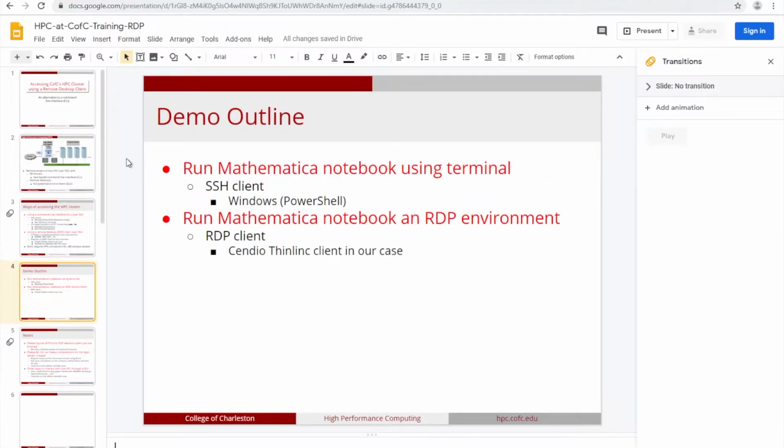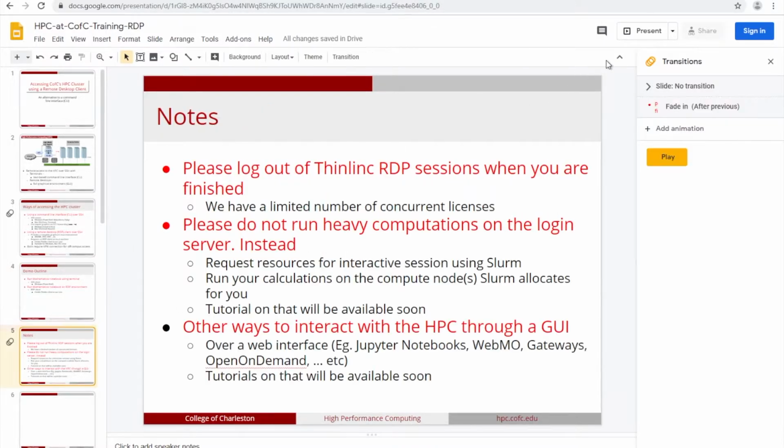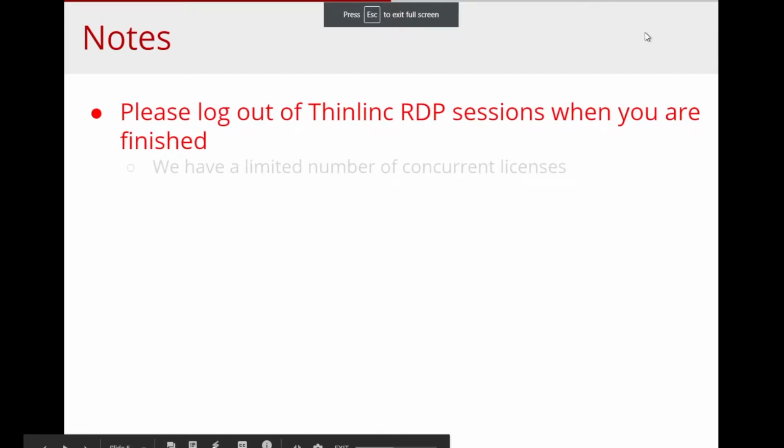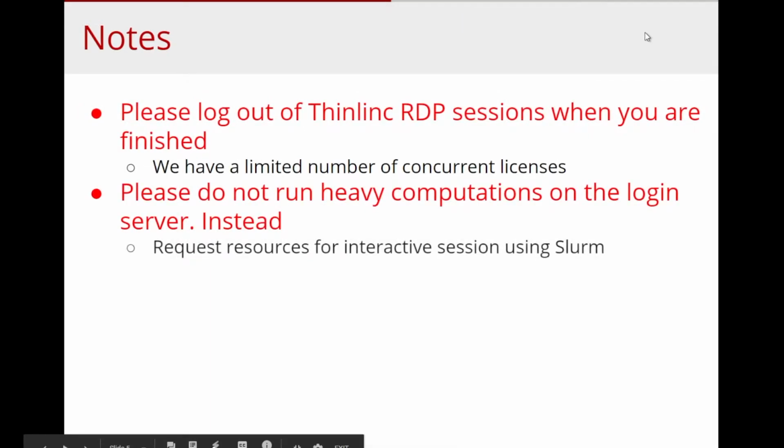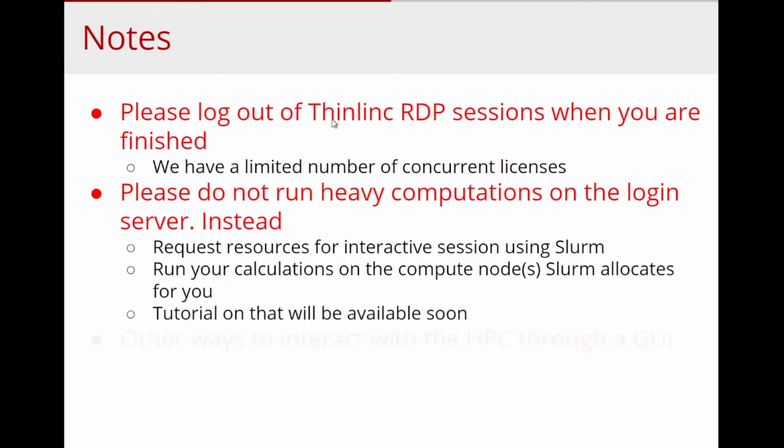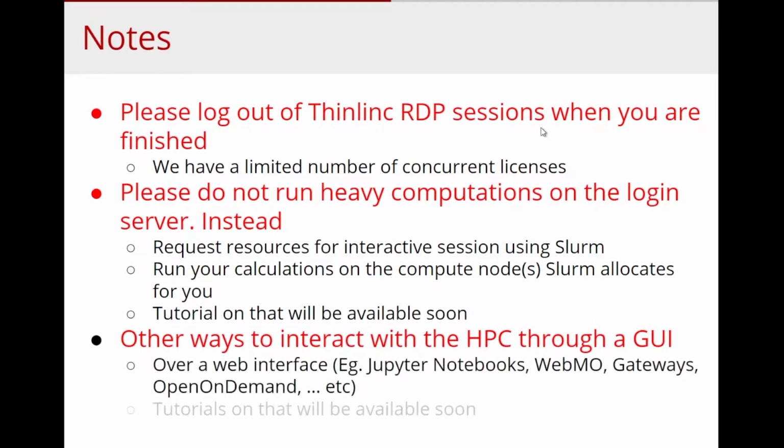Just to close off, there's a few things probably worth highlighting. One is, as I just mentioned, please make sure that you have logged out of your Cindio ThinLinc remote desktop session when you're finished because of the limited number of licenses. Two is what we've done so far is just logged into the head node or the login node to do these simple calculations.